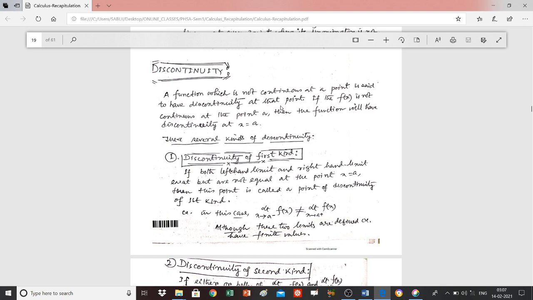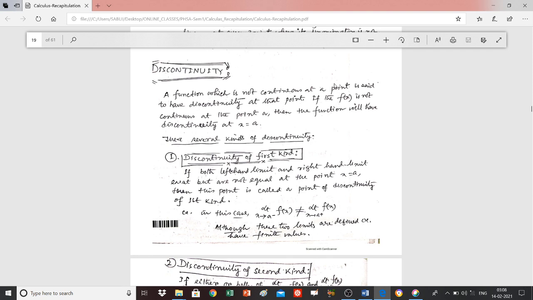If, however, either the left hand limit or the right hand limit, or both of them, fail this condition, then the function at the point a is said to have discontinuity.